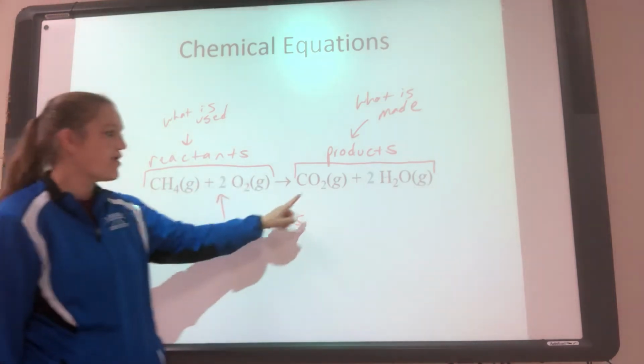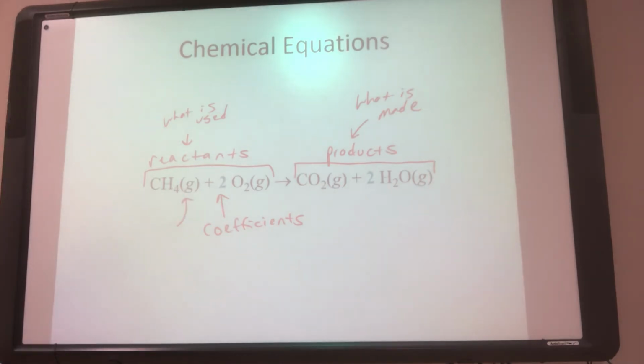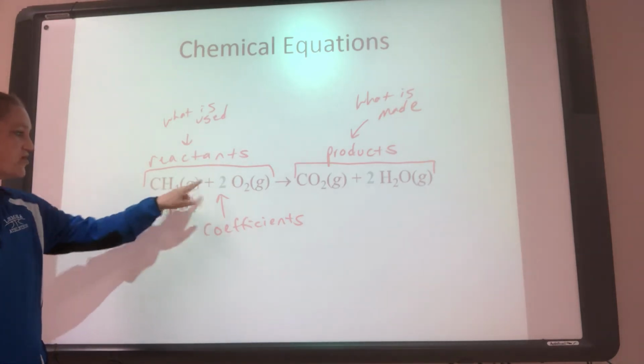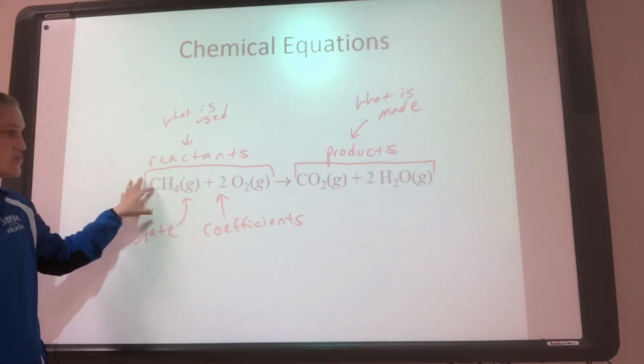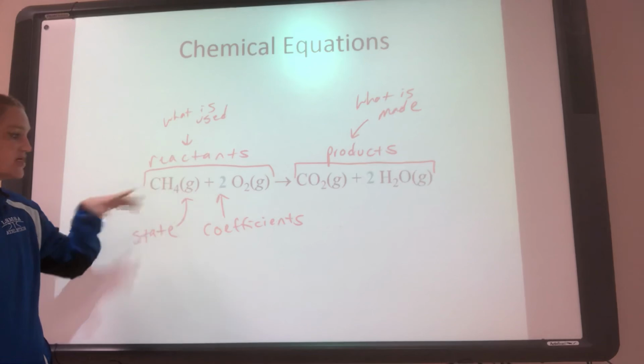All of my compounds here are in a gaseous state. So this would be a correctly written chemical equation. It tells me all the information we said we would learn. We would learn the formulas, the states, whether it's a reactant or a product, and the relationship of them to each other.